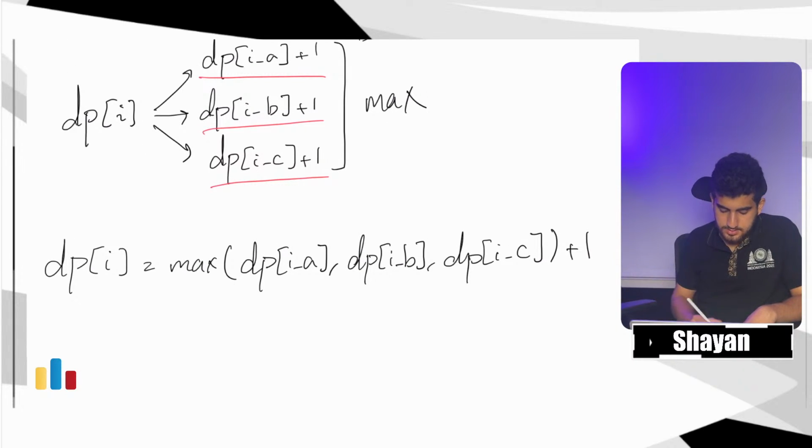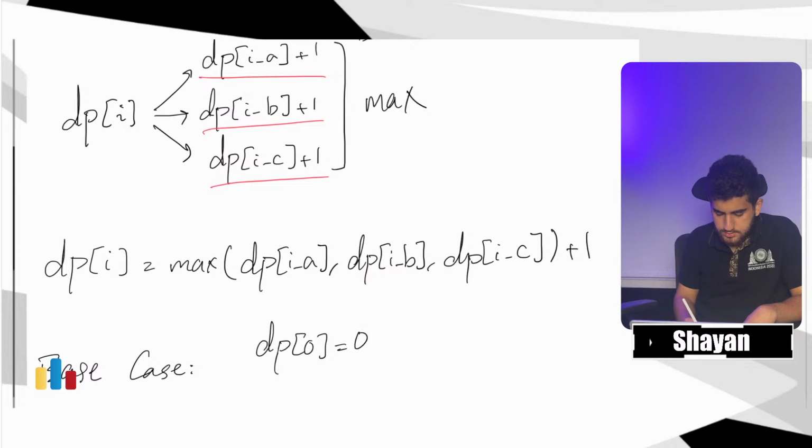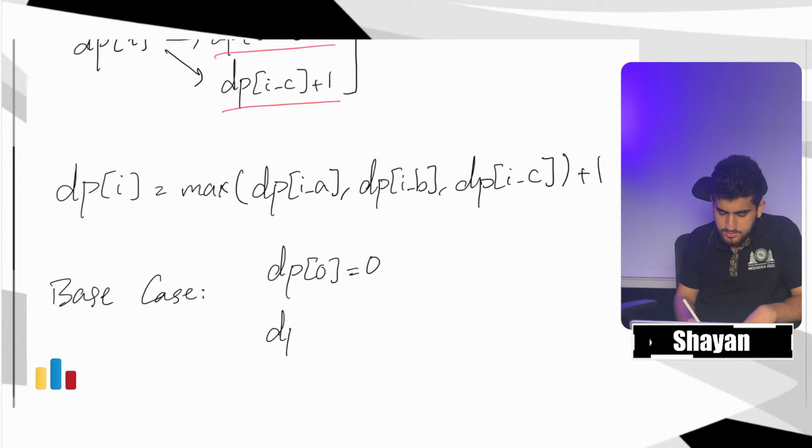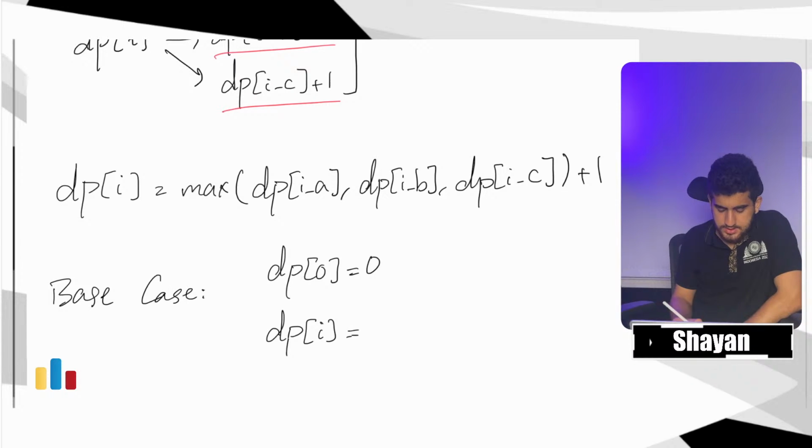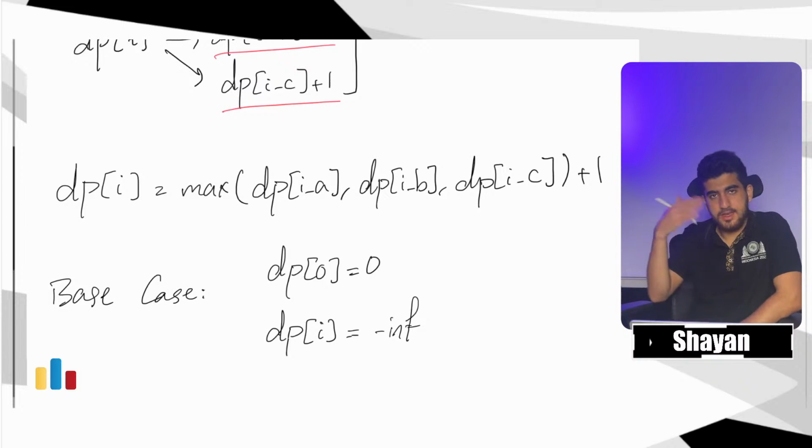And my base case is that dp of 0 is going to be 0, and dp of I for every I not equal to 0 is going to be minus infinity at the beginning. At the beginning it's going to be minus infinity, and then it will change.